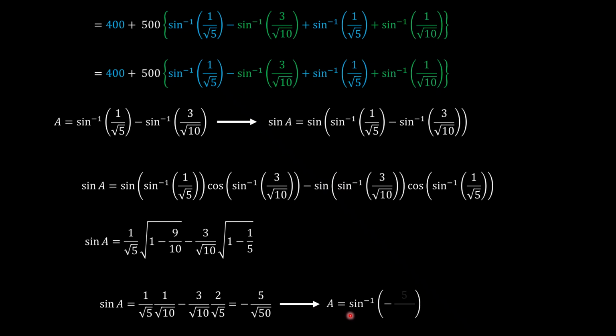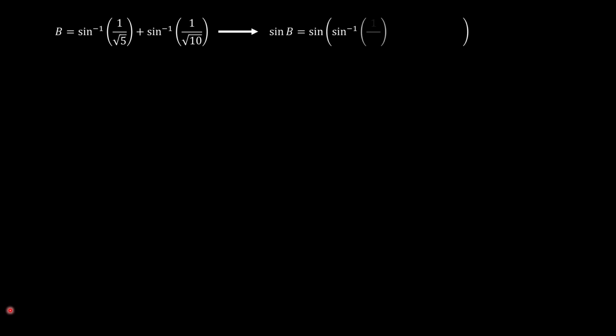So A is the same as the arcsine of negative 5 over root 50, which is the same as negative arcsine of 5 over root 50. Say the second part is B. Again, we do the same with B, and so sine of B is the same as the sine of arcsine of 1 over root 5 plus the arcsine of 1 over root 10.